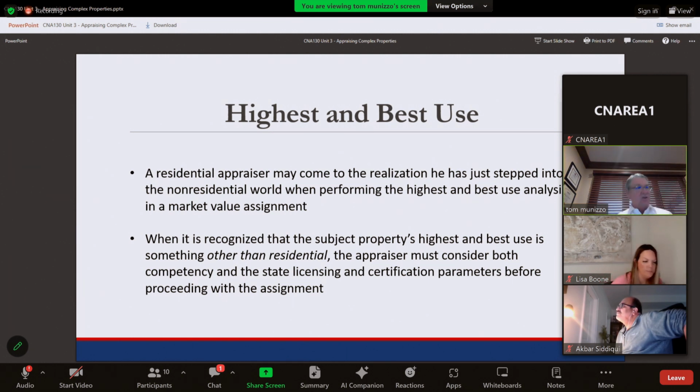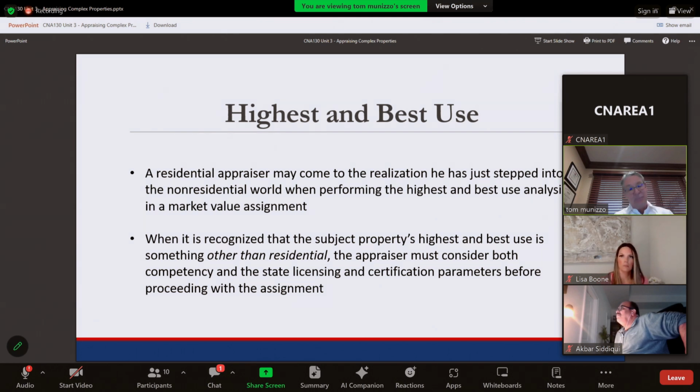There's a state certified category and a general certified. In order to do non-residential work, you have to be a general certified appraiser. And a lot of states have already eliminated the state licensed category and changed that to the trainee level. So you really only have a state certified where you can appraise anything except for commercial. So up basically from 1 to 4 families.